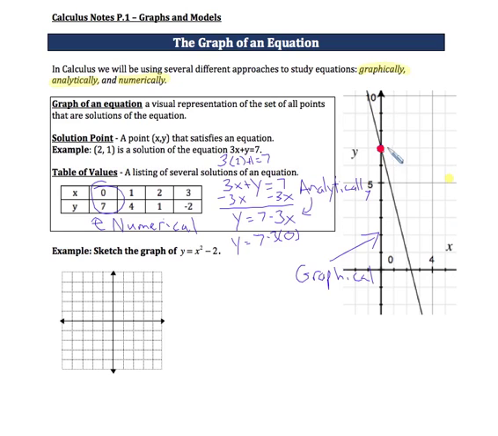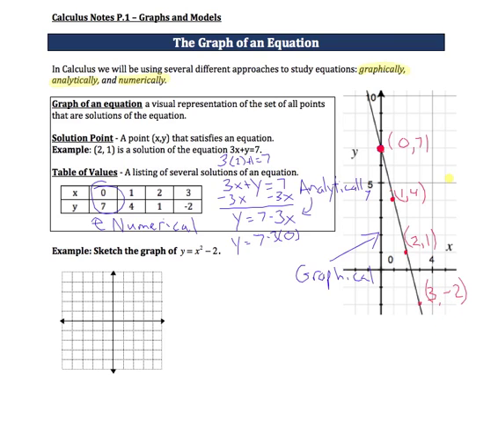So we have the point (0, 7), the point (1, 4), the point (2, 1), and the point (3, -2).